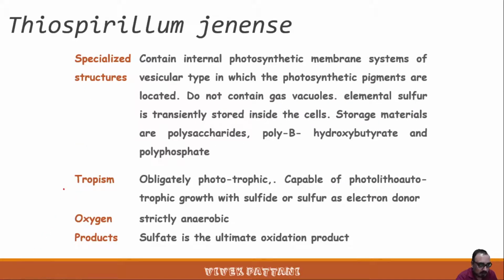Specialized structures of Thiospirillum jenense contain internal photosynthetic membrane systems of the vesicular type in which photosynthetic pigments are located, and they do not contain gas vacuoles. Elemental sulfur is basically stored in the cells, and the storage materials are polysaccharides, poly-beta-hydroxybutyrate and polyphosphates.